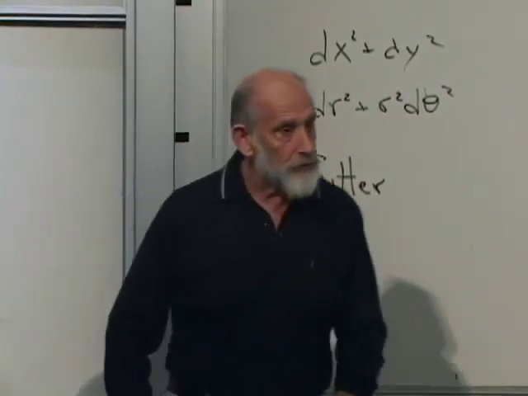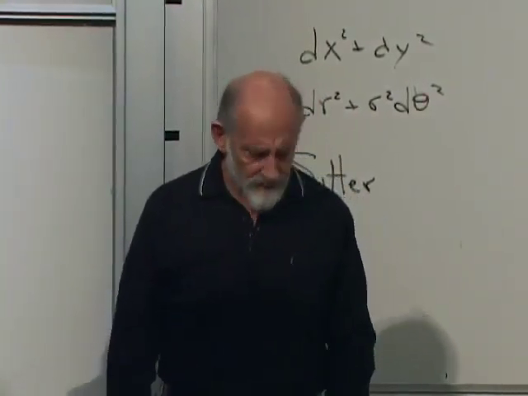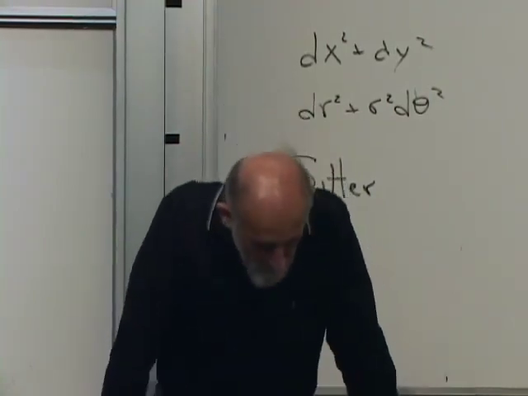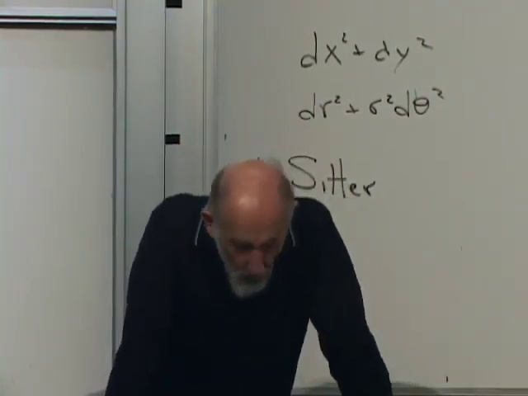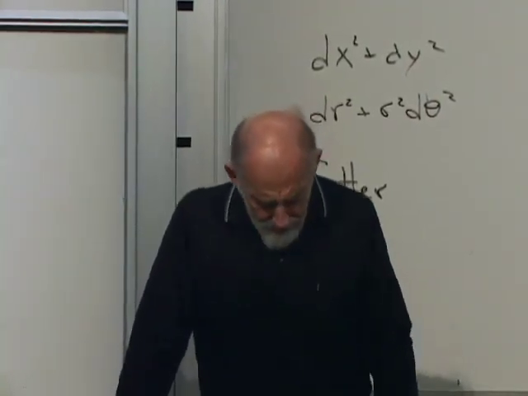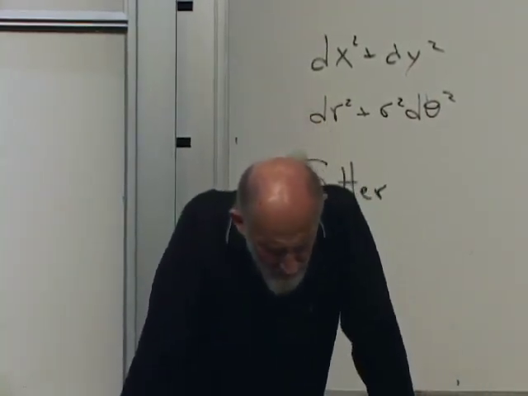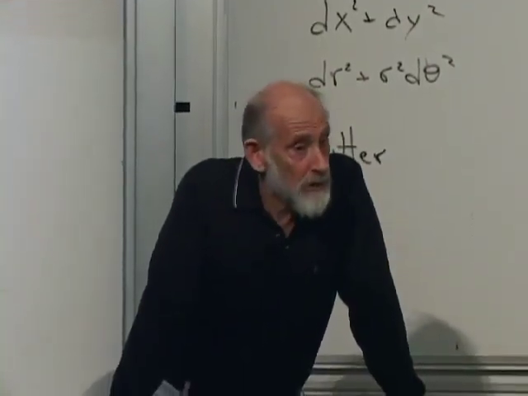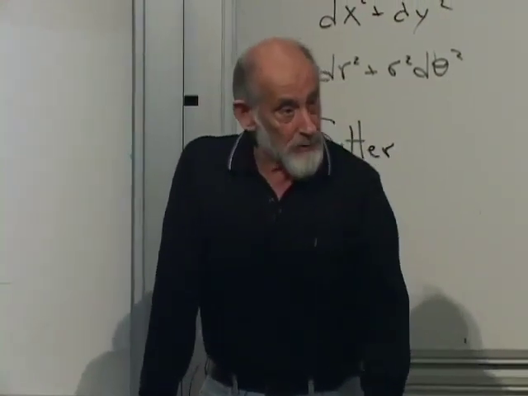Discovered by the Dutch astronomer Wilhelm de Sitter very shortly after Einstein invented his theory, long before it was known that the universe was expanding. And it's an important space-time in cosmology.